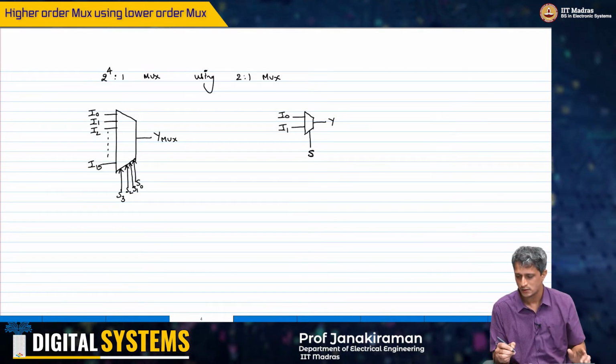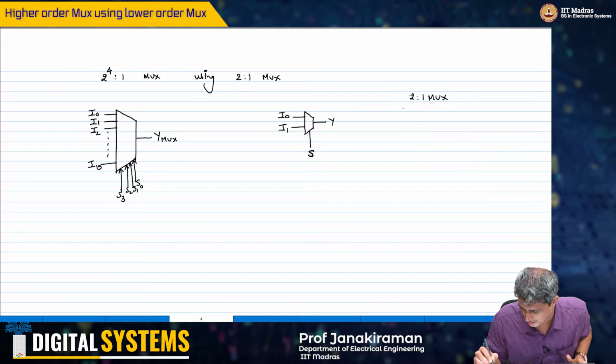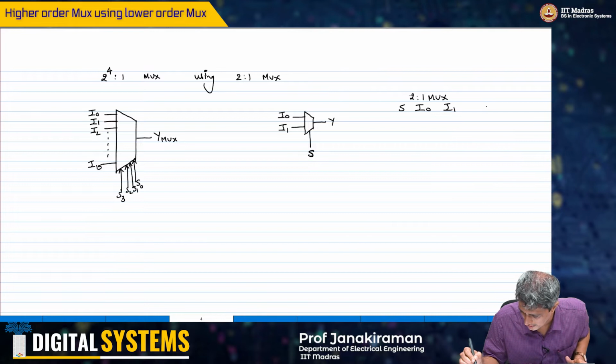If S is 1, I1 will go through. The truth table is S, I0, I1, Y.